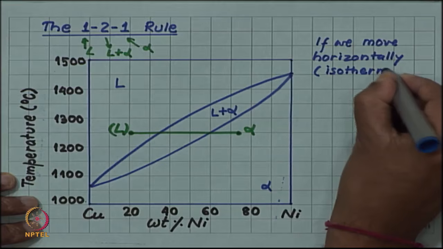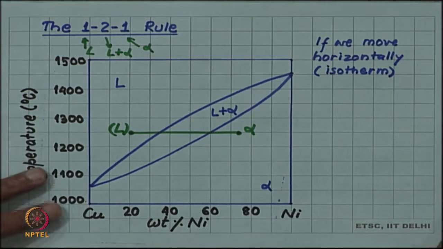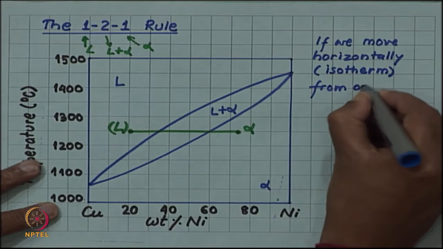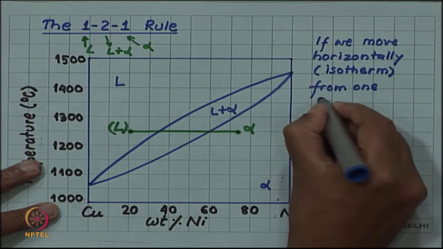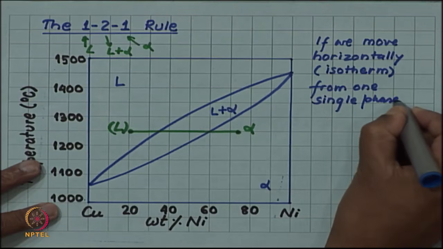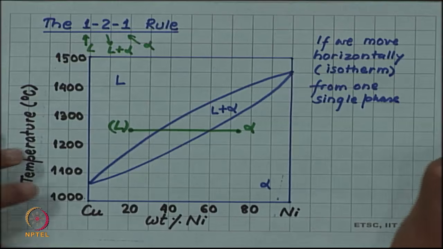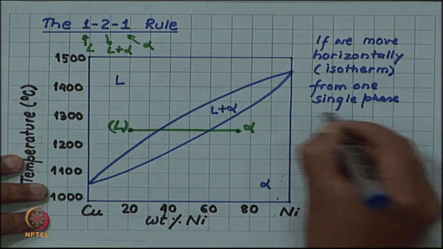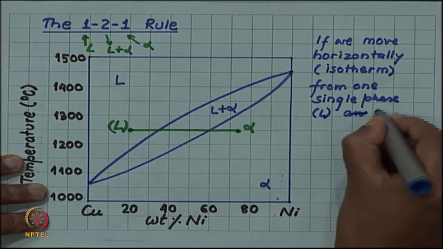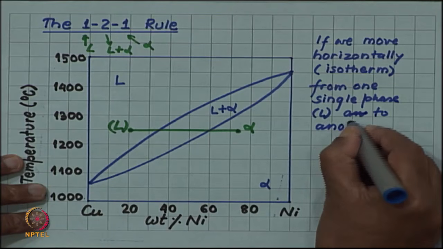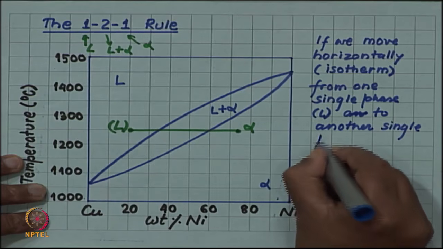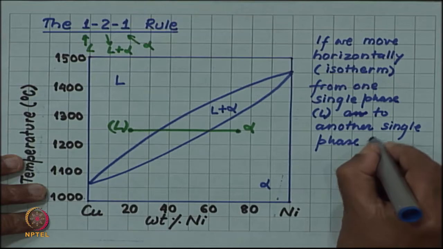So, if we are moving along an isotherm from one single phase, in this case let us say example liquid, to another single phase, in this example alpha.